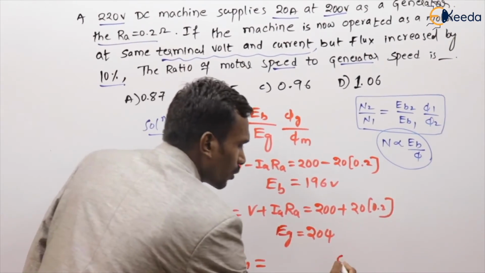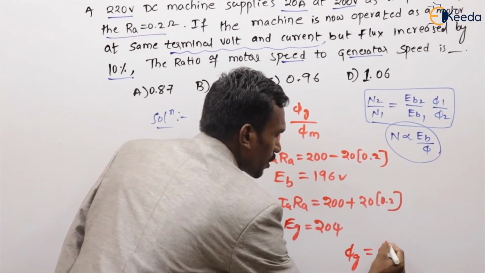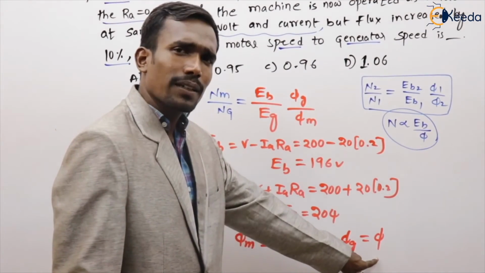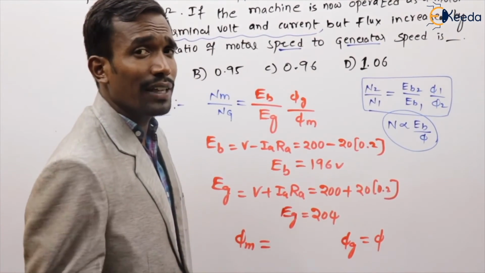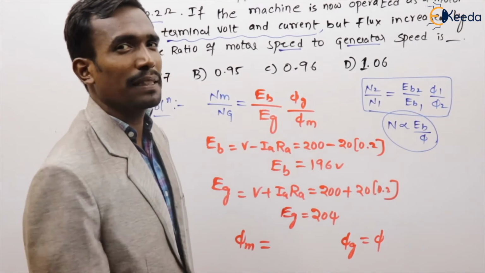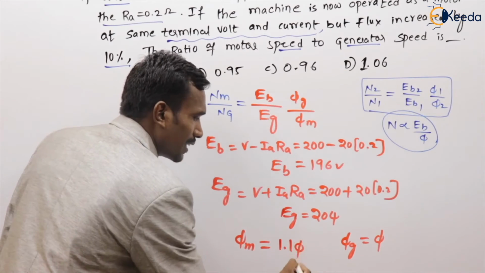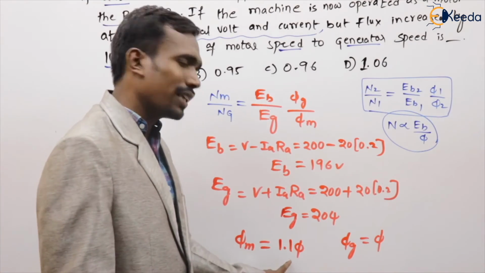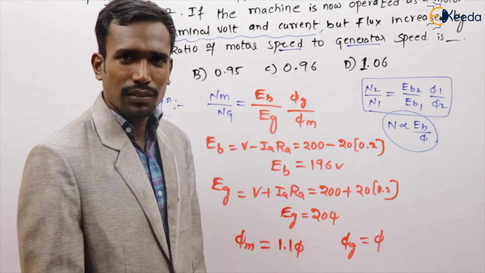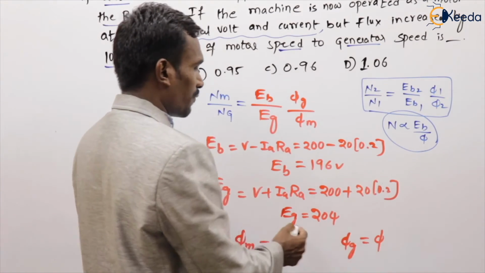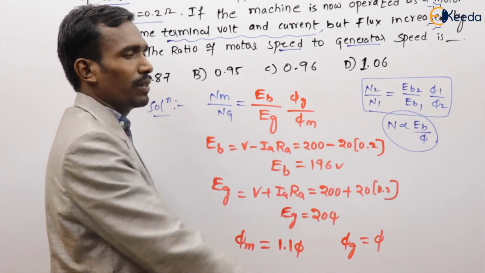Before that, we have to know the flux. For example, the generator flux is phi. But in the motor, they gave flux increased by 10%, nothing but 1.1 into phi. This is the motor flux.